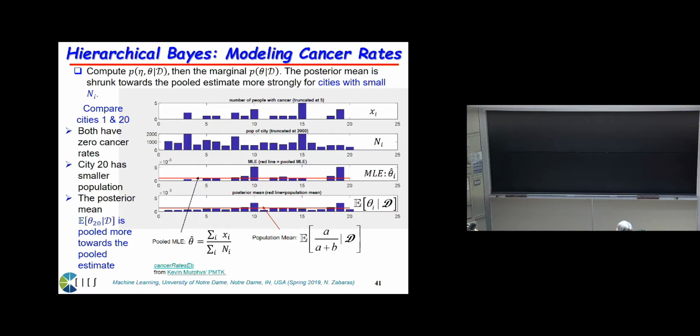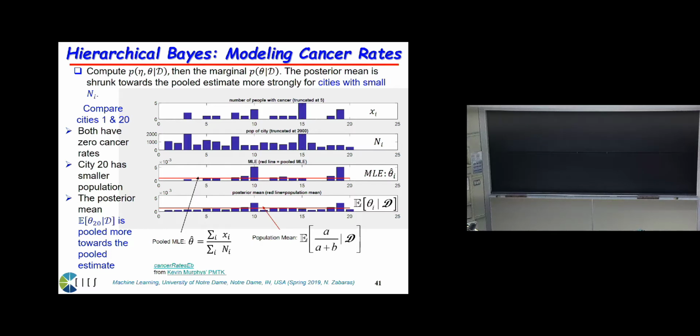So why does CT19 have a very large posterior uncertainty? When you compute the MLE for 19, right, it comes out as a very big value. All right, that's the MLE estimate.